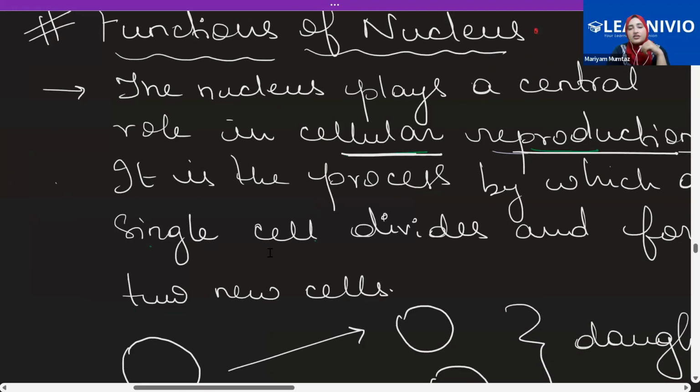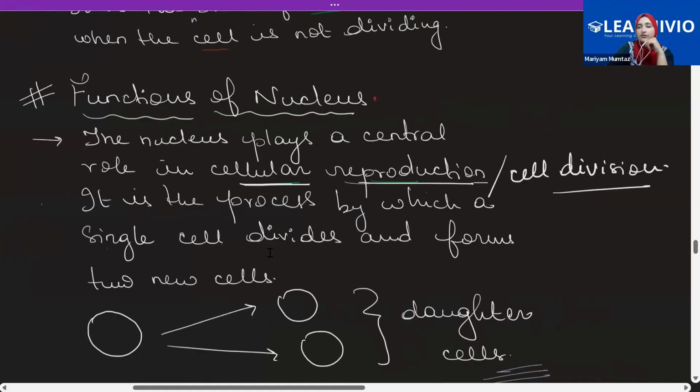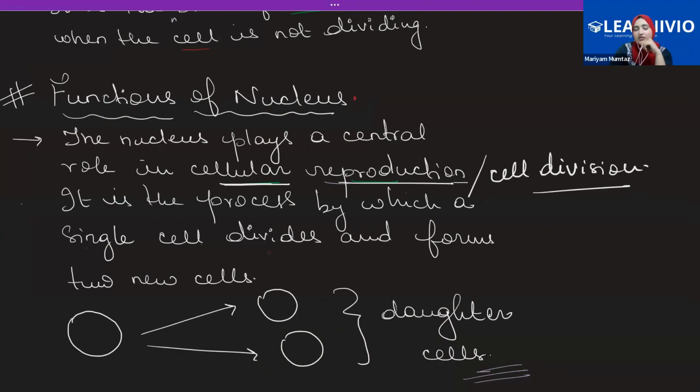Now looking at the functions of the nucleus. The nucleus plays a very central role in cellular reproduction, meaning cell division. Without the nucleus, cell division cannot happen. It is the process by which a single cell will divide and form two new daughter cells.